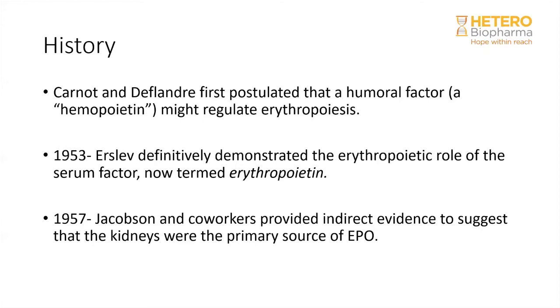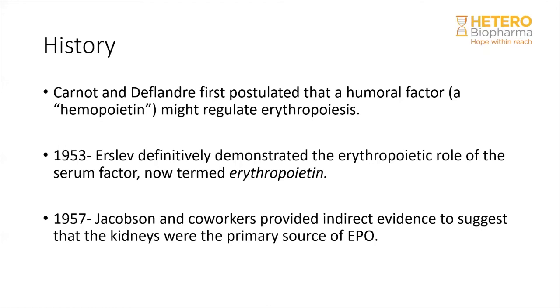There are not many newer molecules. Probably the more recent ones are the SGLT2 inhibitors, or the use of ACE inhibitors. So you can just count the major innovations that have transformed the practice in chronic kidney disease: it would be dialysis, erythropoietin, ACE inhibitors, and probably now the SGLT2 inhibitors.